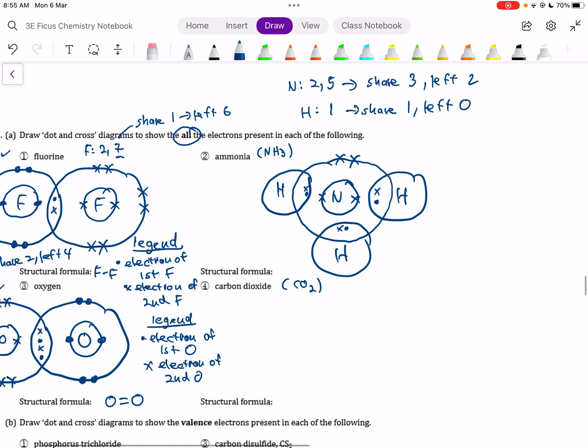So the legend: once again you track by counting, 1 2 3 4 5 6 7 8 electrons around it.